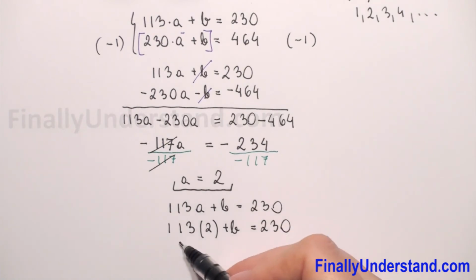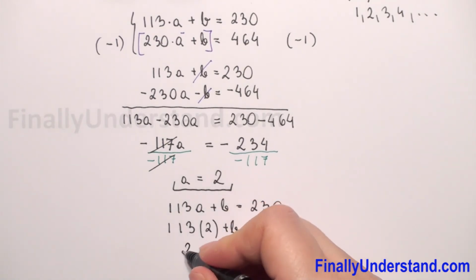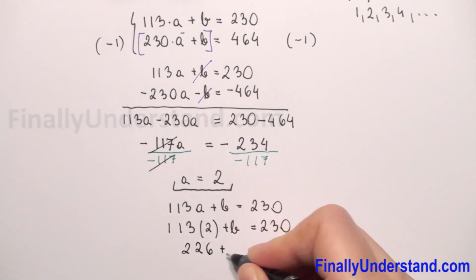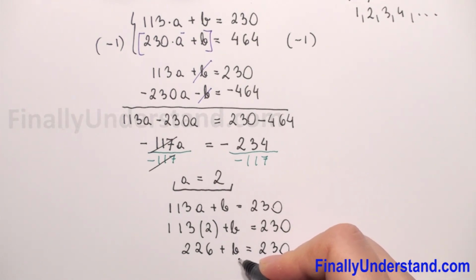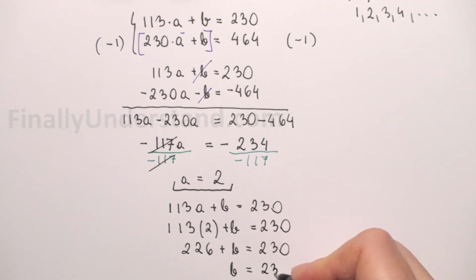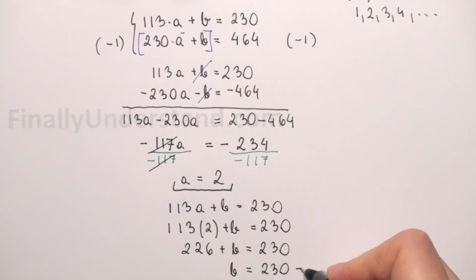And now 113 times 2 is 226 plus b. This is equal to 230. We need to find variable b. So we will move 226 to the right side. So b is equal to 230 we copy, and when we move a positive number to the other side, it will be negative 226. So b is equal to 4.